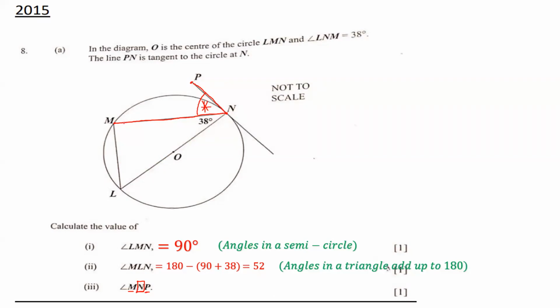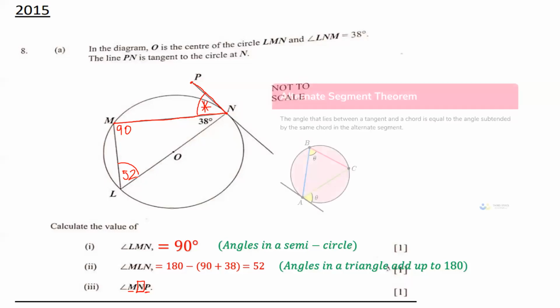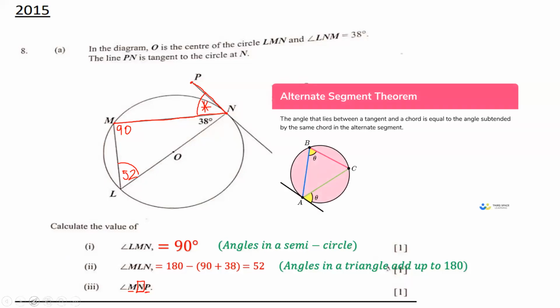We already know that this one is 90. And we also know that this one, we saw this one earlier, we said that that one is 52. Okay, and so for this one, we're going to use the alternate segment theorem again. The alternate segment theorem says that the angle that lies between a tangent and a chord is equal to the angle subtended by the same chord in the alternate segment.